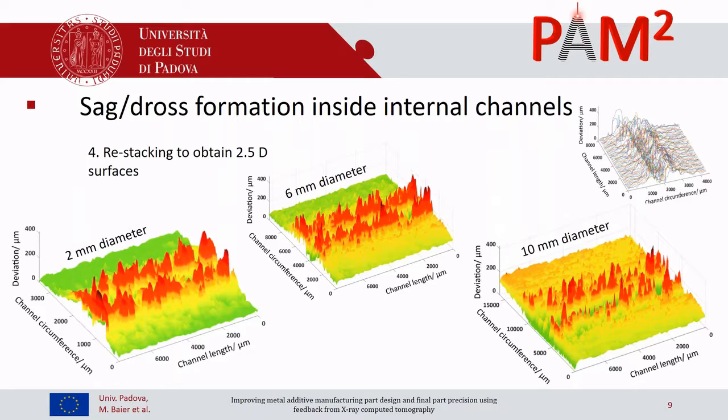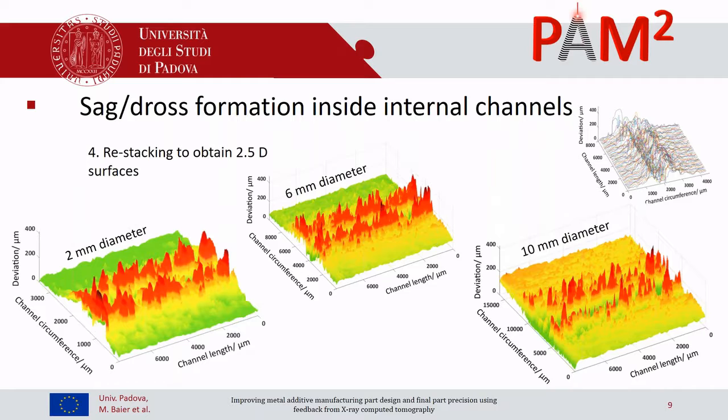If you do this for different channel diameters, you can see that the dross formation, so the really spiky parts of your form and surface, actually stays at almost the same height, but the sag defect becomes more pronounced. So basically your dross formation vanishes inside, or wanders inside, your overall sag defect.